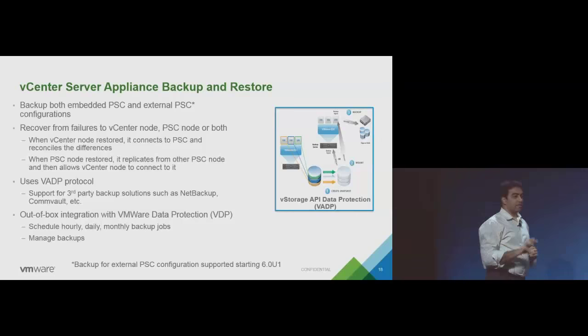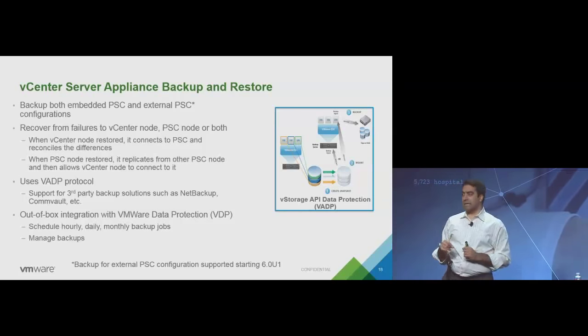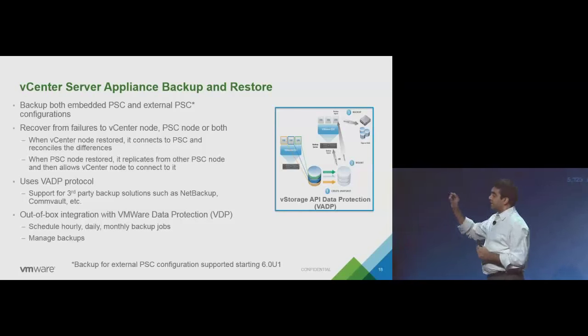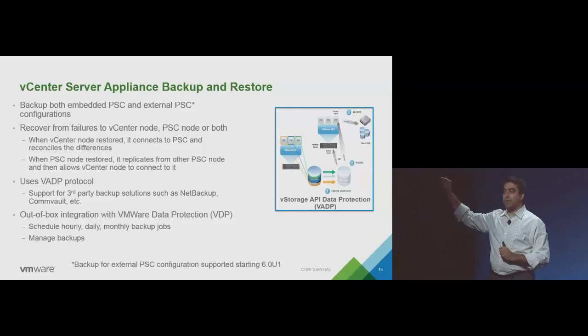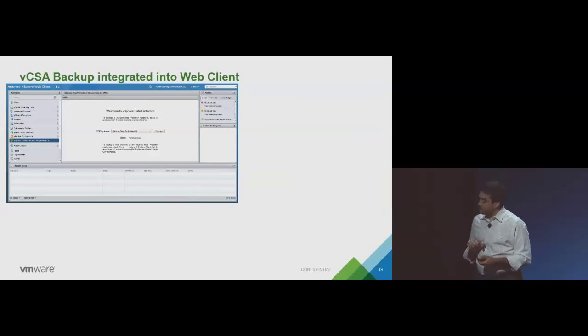We have an out-of-box product called VDP, VMware Data Protection product. I don't know if you guys have used that, but that also uses the VADP protocol. So with VDP, we have direct integration in web client for backing up the vCenter appliance, and I'm going to show you a couple of screenshots there.